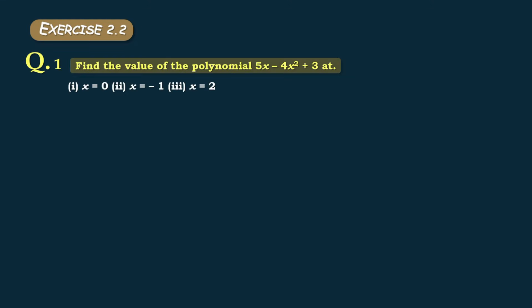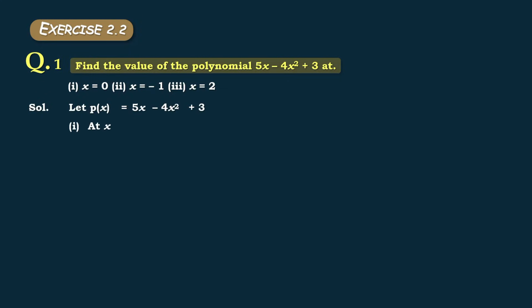Now let us solve exercise 2.2, question 1. We have to find the value of the polynomial 5x minus 4x squared plus 3 at different values of x. Let p of x be equal to 5x minus 4x squared plus 3. First, when x is equal to 0.